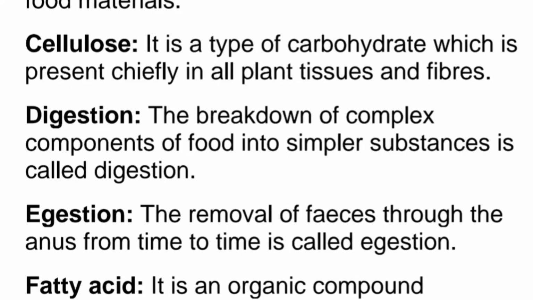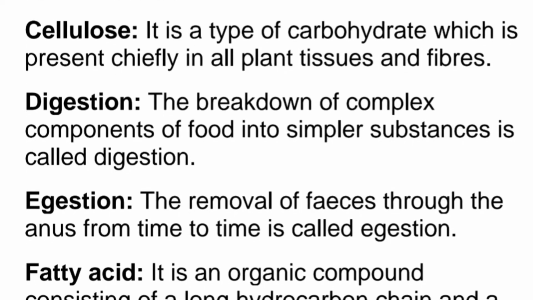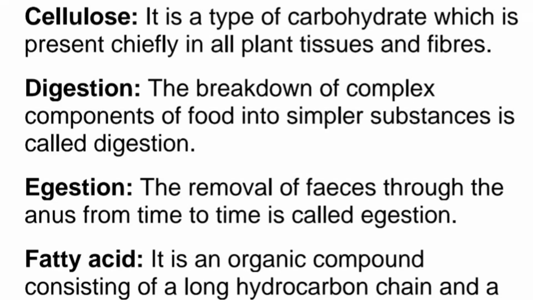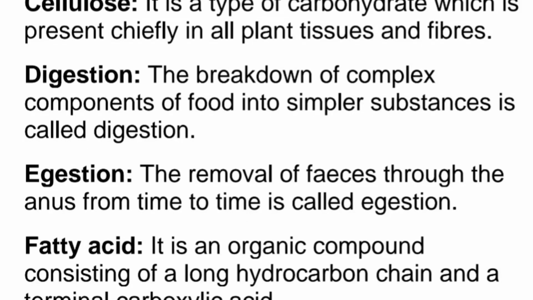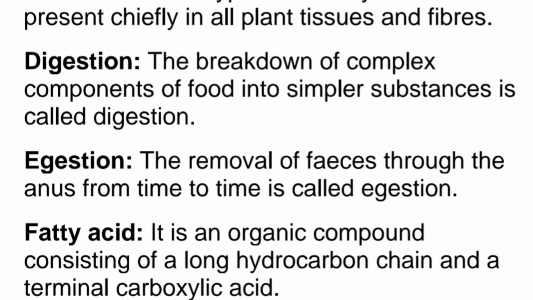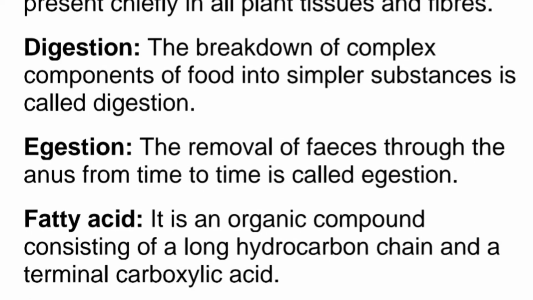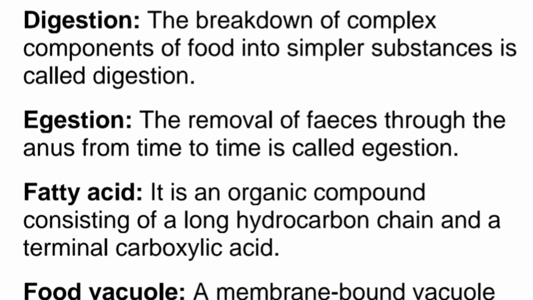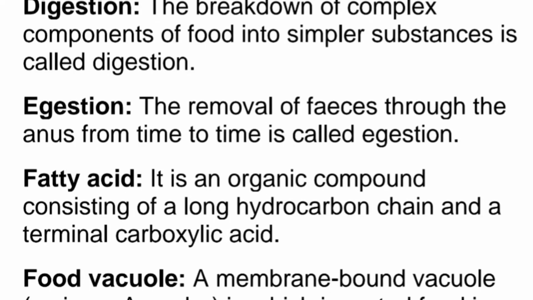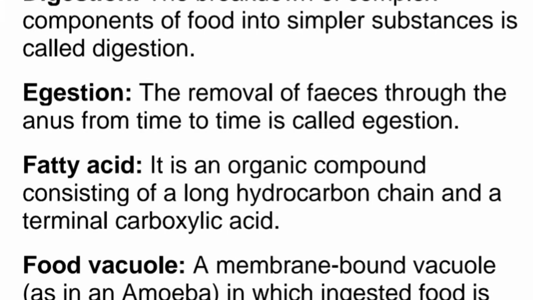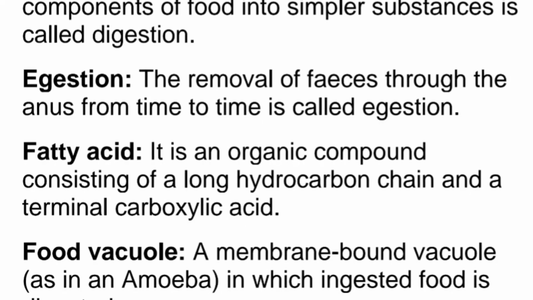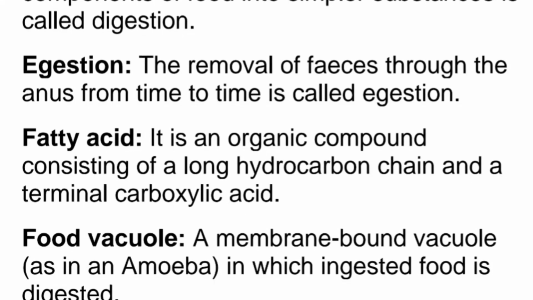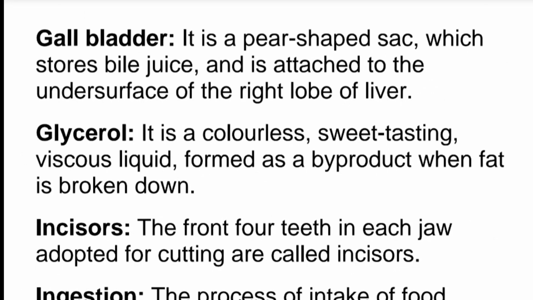Egestion. The removal of feces through the anus from time to time is called egestion. Fatty acid. It is an organic compound consisting of a long hydrocarbon chain and a terminal carboxylic acid. Food vacuole. A membrane-bound vacuole, as in an amoeba, in which ingested food is digested.